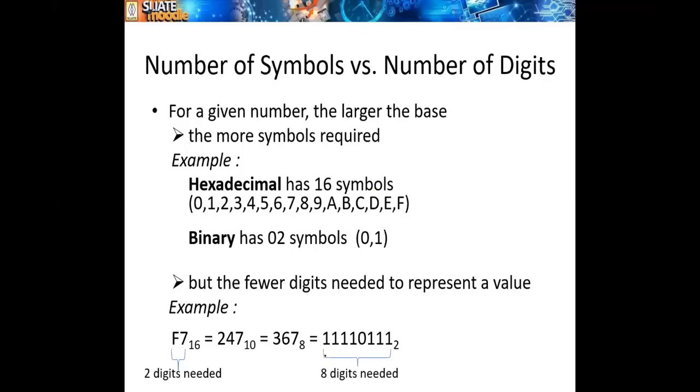So here you can see the example. To represent 247, as the base reduces, the number of digits keeps increasing. But from base 10 to base 16, the number of digits required is reducing, to 2 digits.